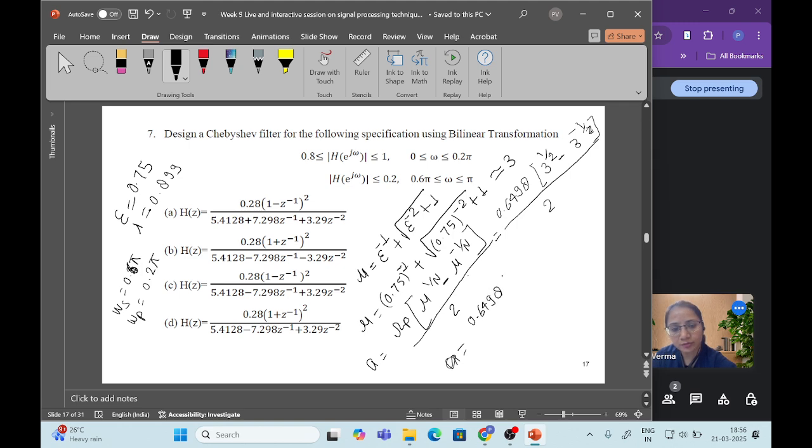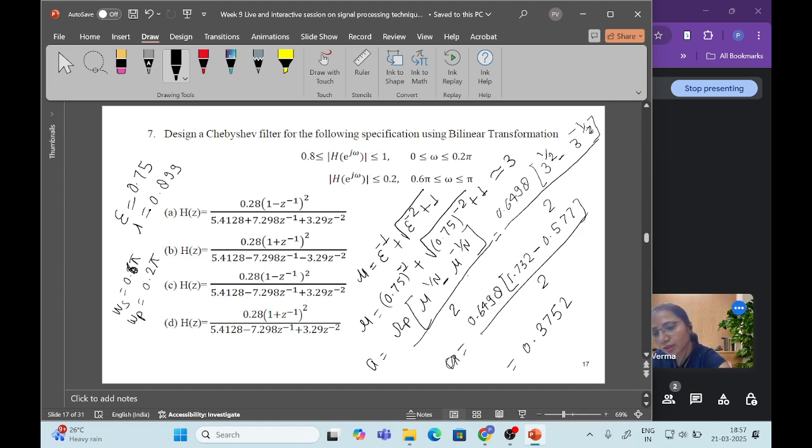Now further just calculate it, all those values. A you will get 0.6498. 3 to the power 1 by 2 you will get 1.732, minus 3 to the power minus 1 by 2 you will get 0.577, divided by 2. Okay, just multiply, divide, you will get 0.3752.